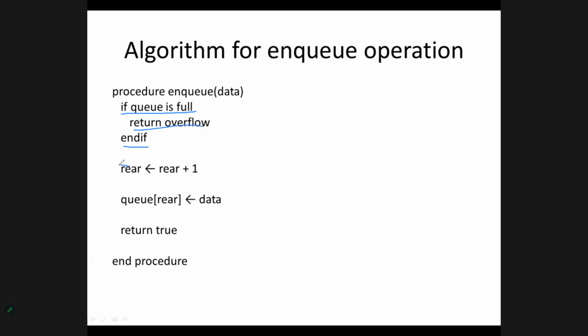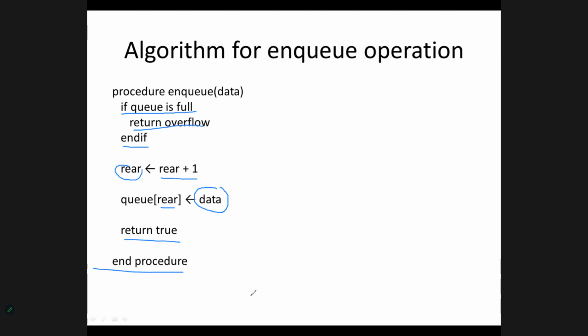Otherwise, increment rear by 1 and insert the element at the new rear. This is the data item we are going to insert. And return true and end the procedure. Is that clear? This is the complete algorithm of enqueue.